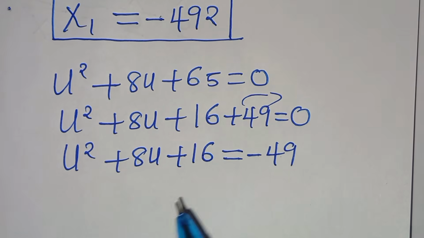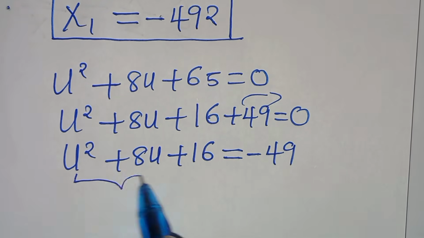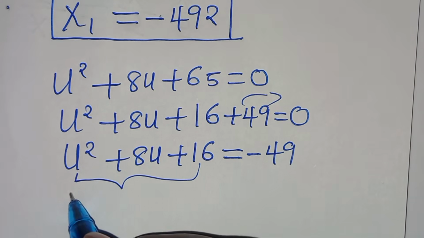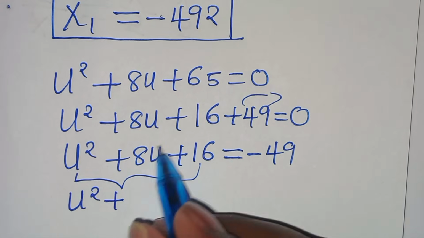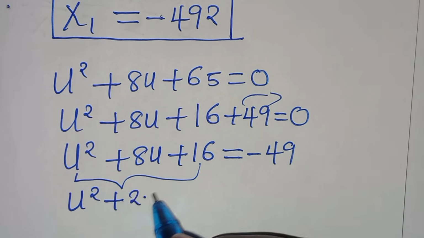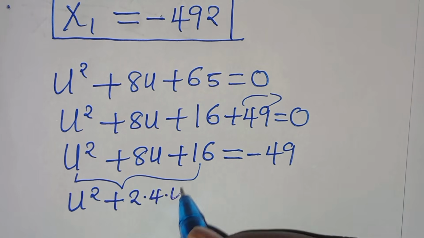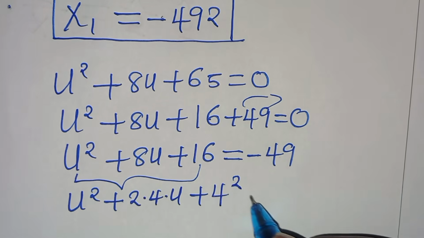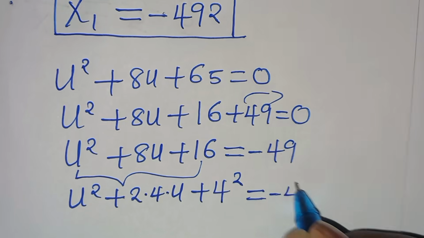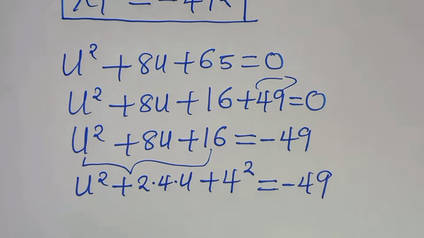Now, here we can express this quadratic equation as u to the power of 2, then plus 8u is the same thing as 2 multiplied by 4 multiplied by u, then plus 16 is the same thing as 4 squared. This is equal to negative 49.